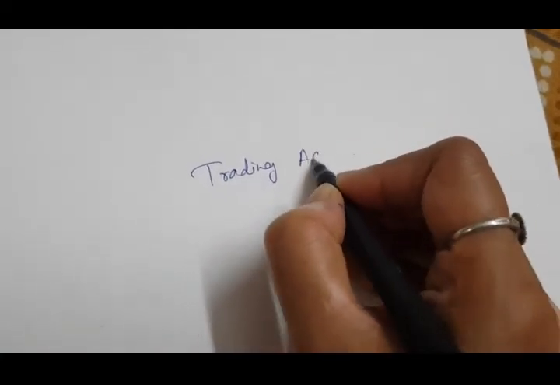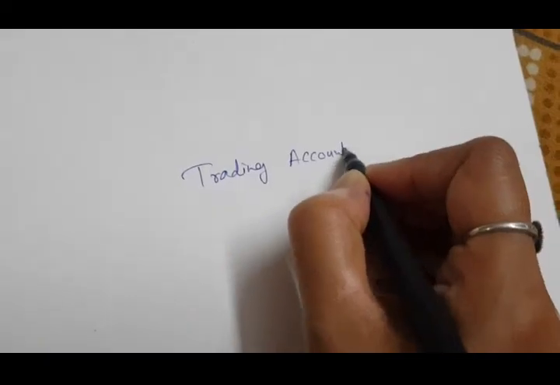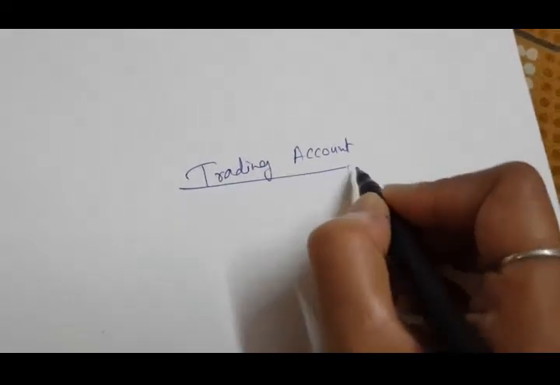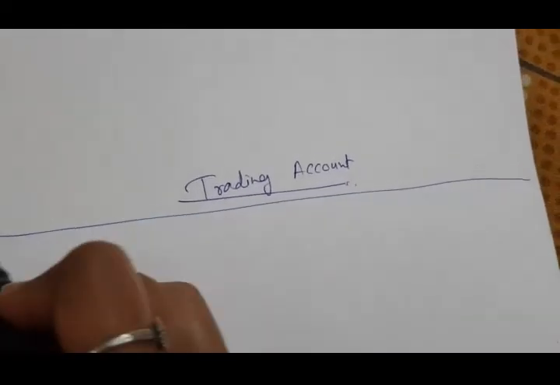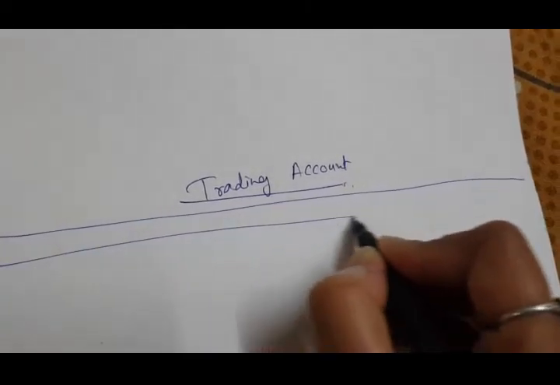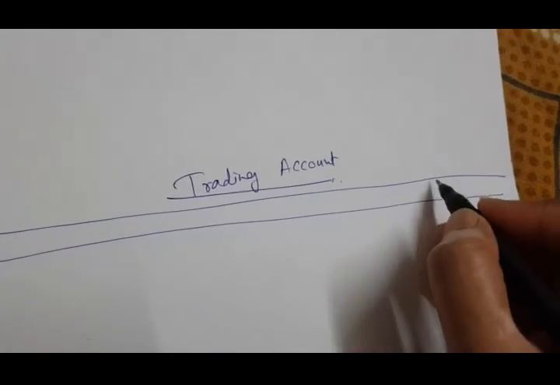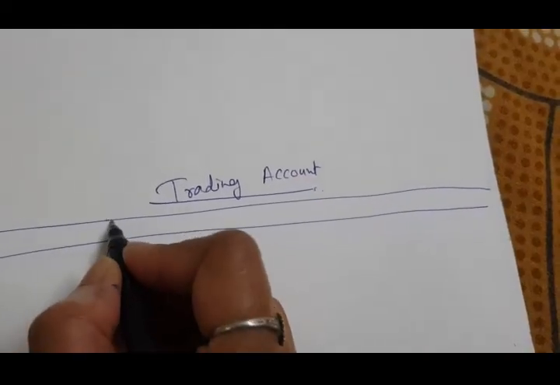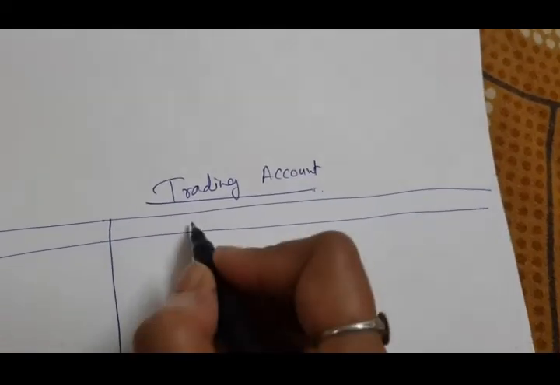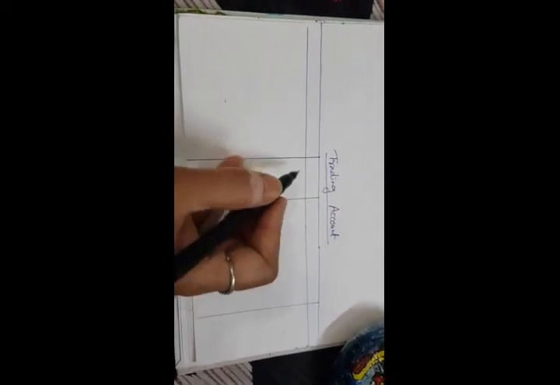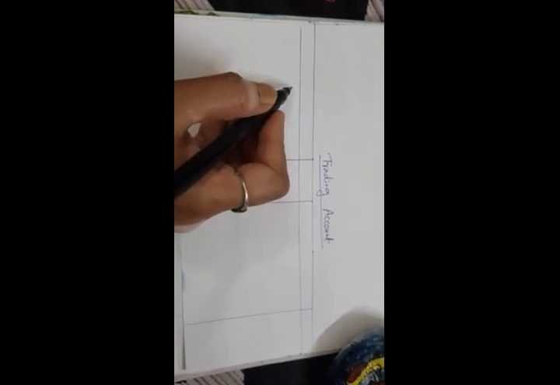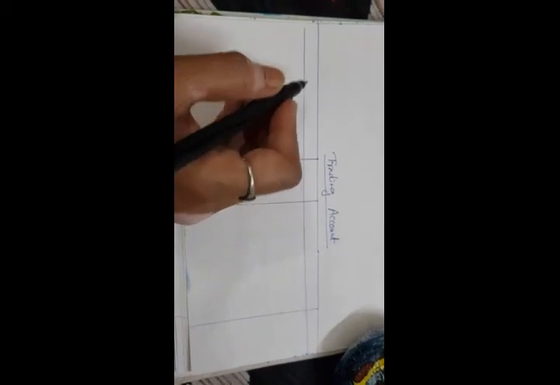Let me do a trading account, why am I doing it? To find out our purchase. I am doing it manually. Here I am keeping only one amount column, because we need not do any kind of adjustment, okay.